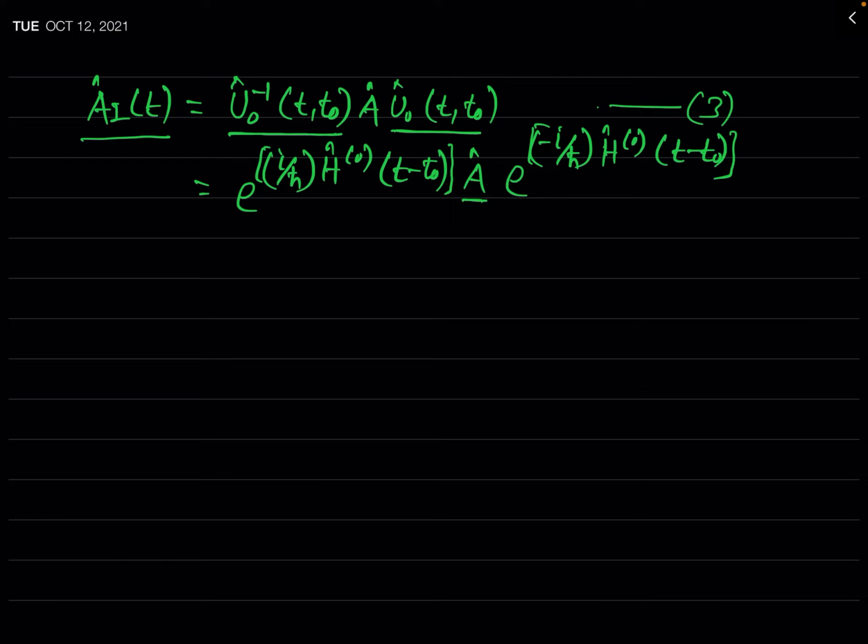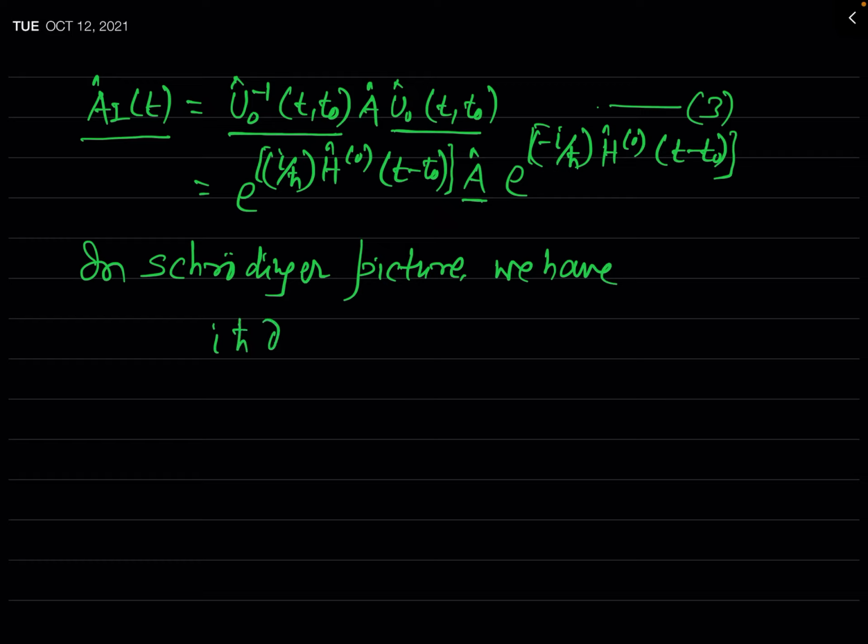So in Schrodinger picture we have I h bar del psi by del t, where psi is the state vector in Schrodinger picture, equal to H hat of t operated on psi of t.